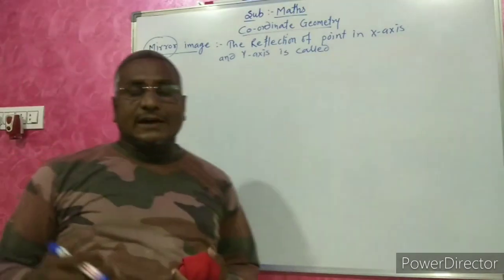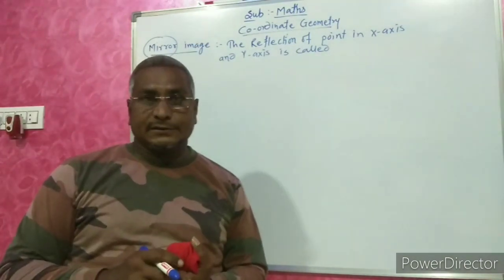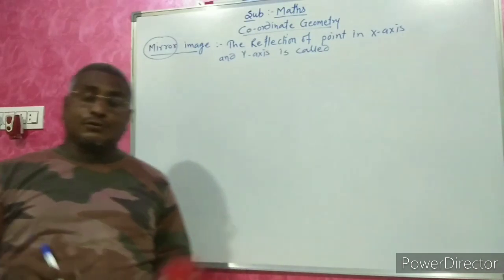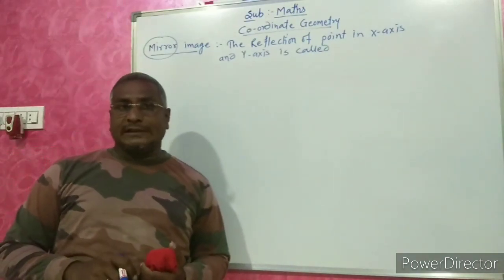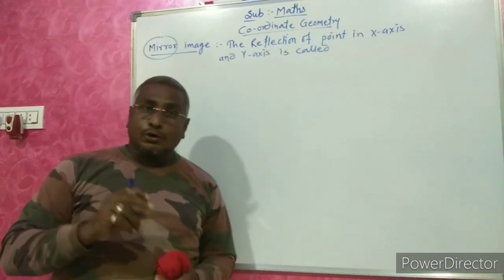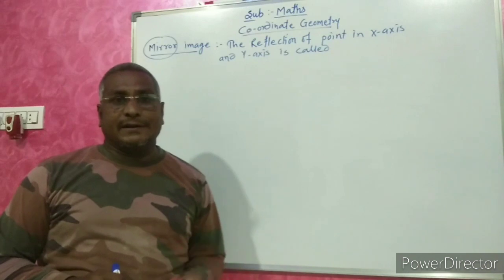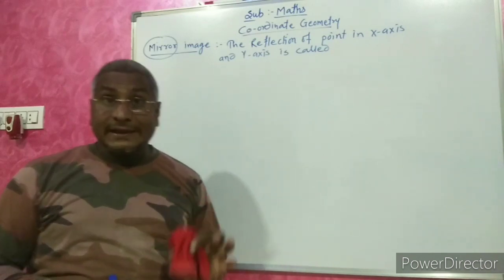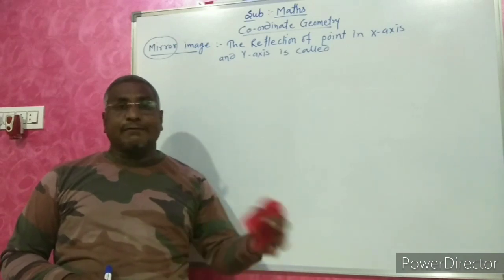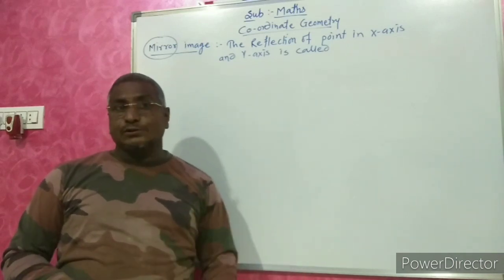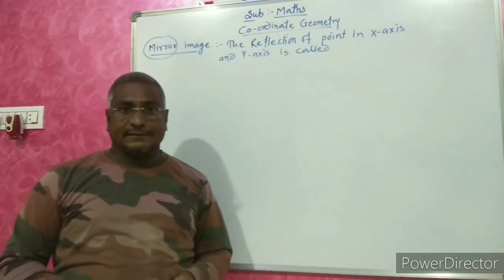So when you see your face in the mirror, what do you get? Naturally your own face you will see in the mirror, but the difference is that you get a laterally inverted image. What is the meaning of laterally inverted image? Laterally means sidewise. If you raise your left hand, the mirror will show your right hand.